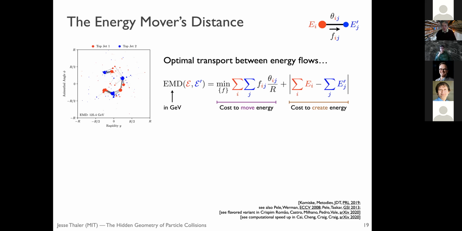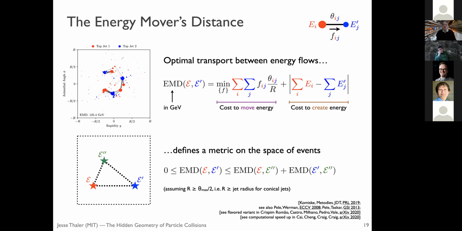And then because in particle physics, we can have jets or events that have different energies, there's a penalty term associated with creating energy. And these two terms together give you a well-defined notion of distance, and a distance that satisfies an important property. It's a distance that satisfies the triangle inequality. And therefore, it defines a metric on the space of events.